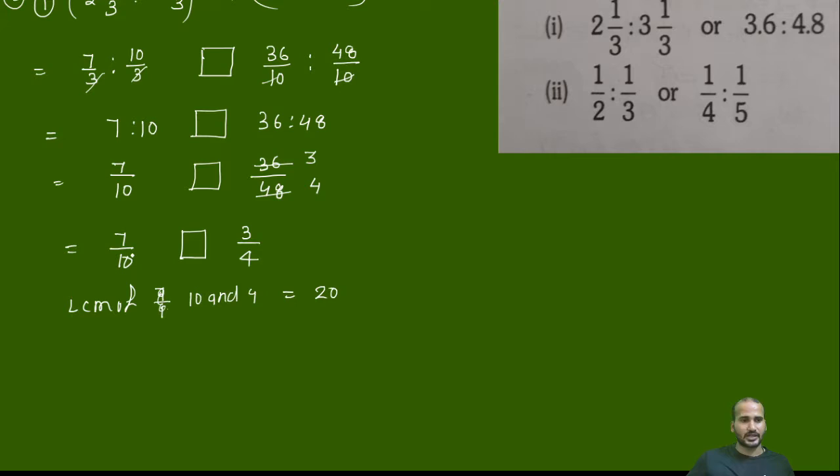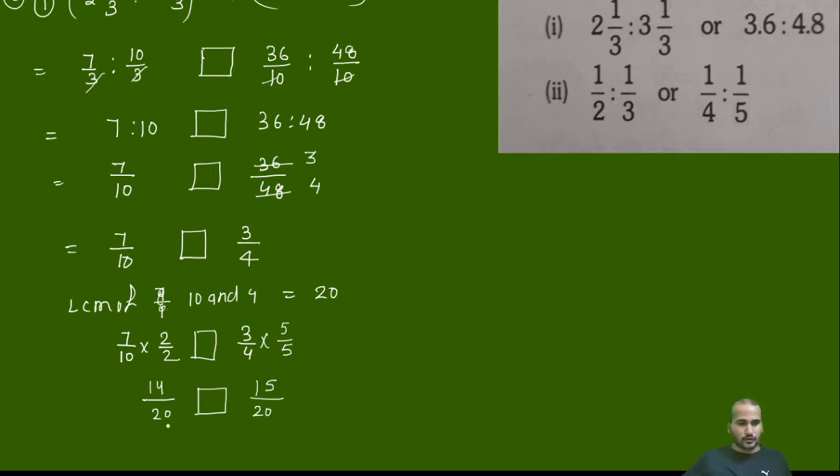Multiply 7 upon 10 by 2 upon 2, and 3 by 4 by 5 by 5, because 5 4s are 20. We have to make the denominator 20. So this will be 7 2s are 14 upon 20, and this will be 5 3s are 15 upon 20.